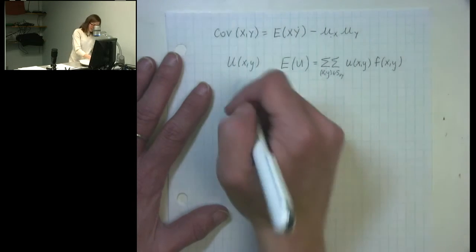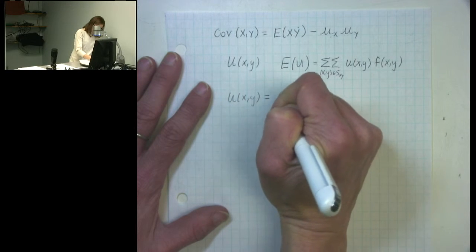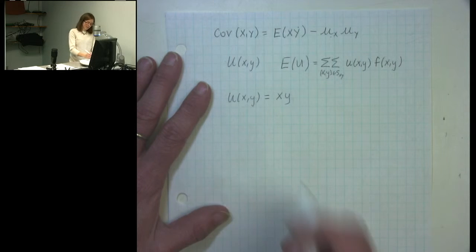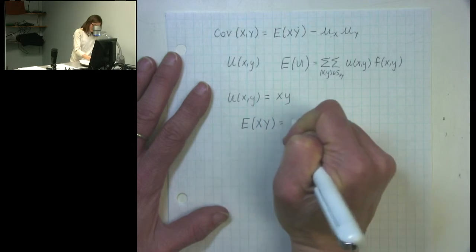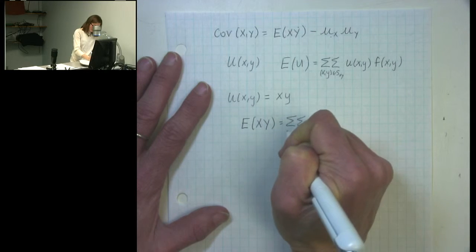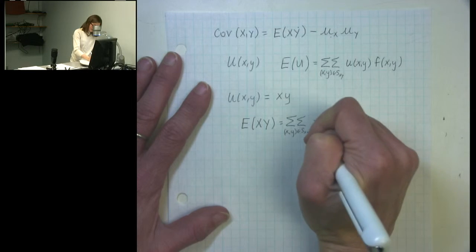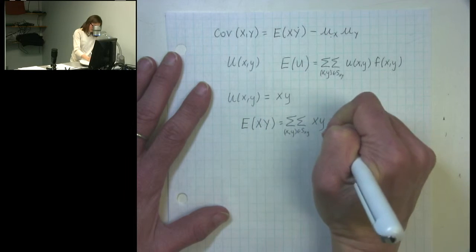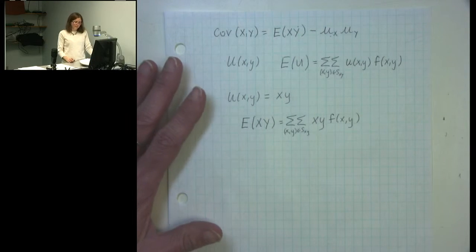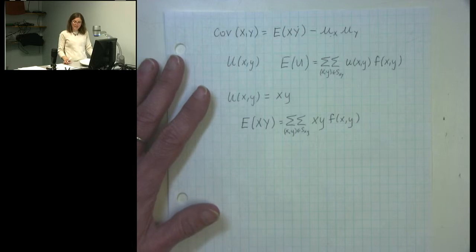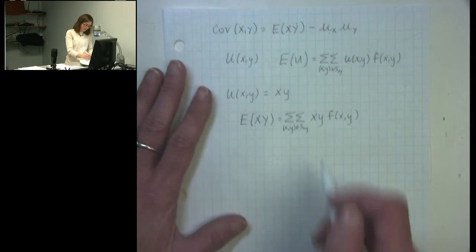So in this case, my u of xy is equal to x times y. So my expected value of x times y is going to be the sum over all of these xy pairs in the support of x times y times little f of xy. And it does turn out to be a fair amount of multiplying and adding up terms.